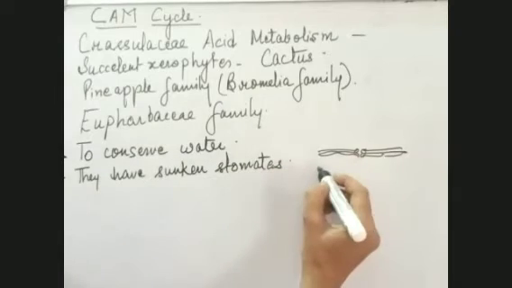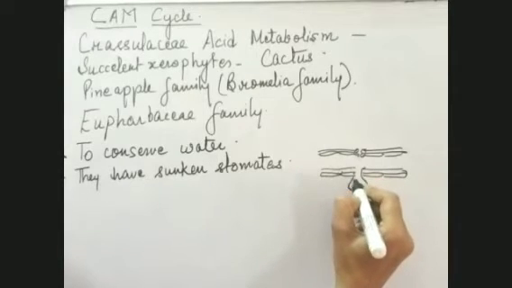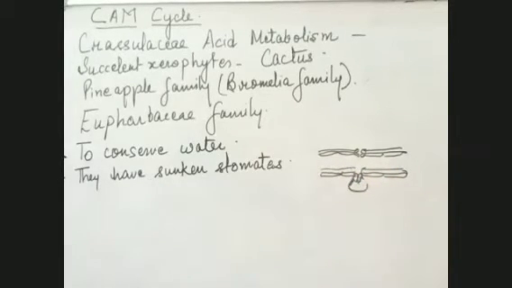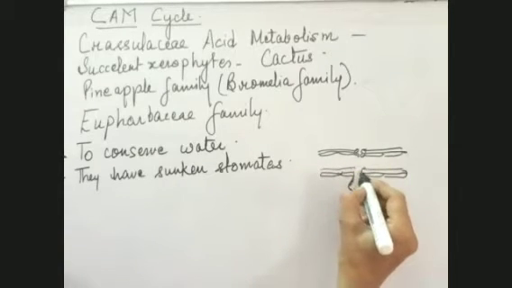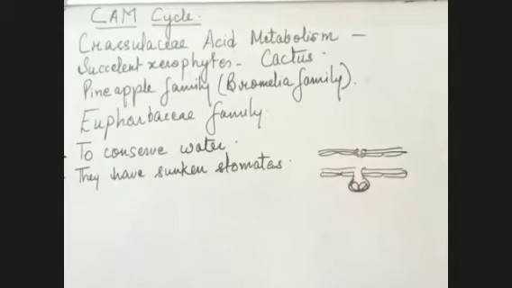But in some plants, the cuticle goes down, and the stomata are present in some invagination-like structure. So they are sunken stomata.